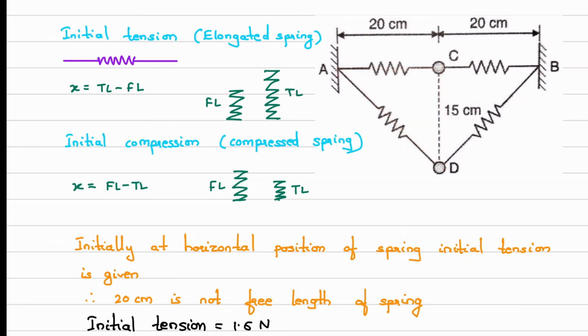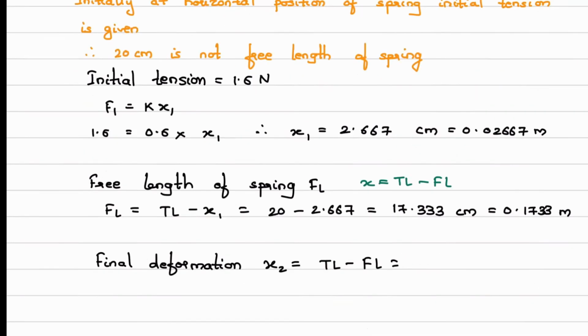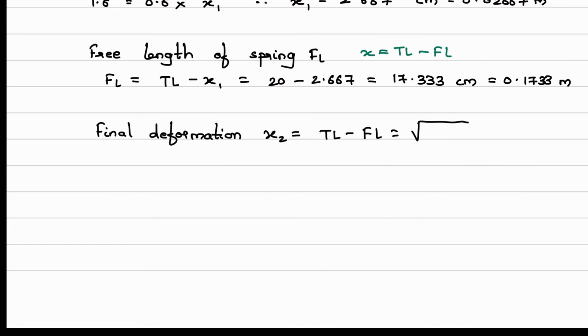It will be the square root of 20 squared plus 15 squared, minus the free length we have already calculated, 17.333 centimeter. So here I can calculate x2. It is 7.67 centimeter, equal to 0.0767 meter.